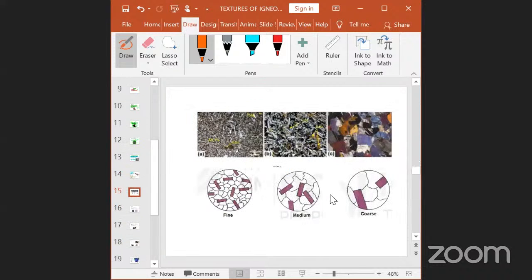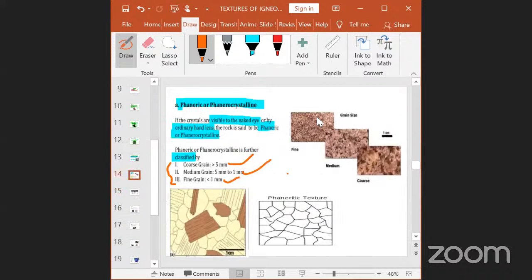You see here some of the pictures: this is the coarse grain, this is medium, and also fine. So you observe in your microscope, the picture shows like this, right? You see here 1 centimeter.